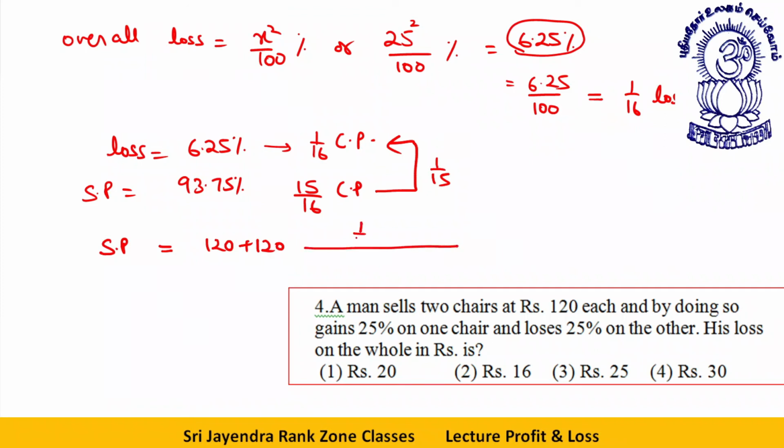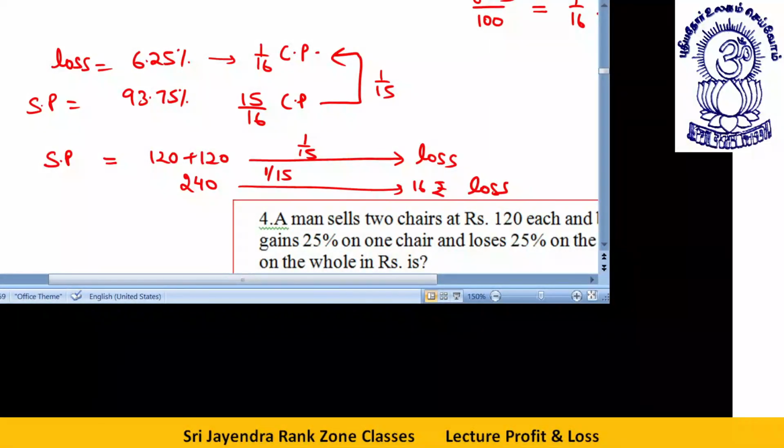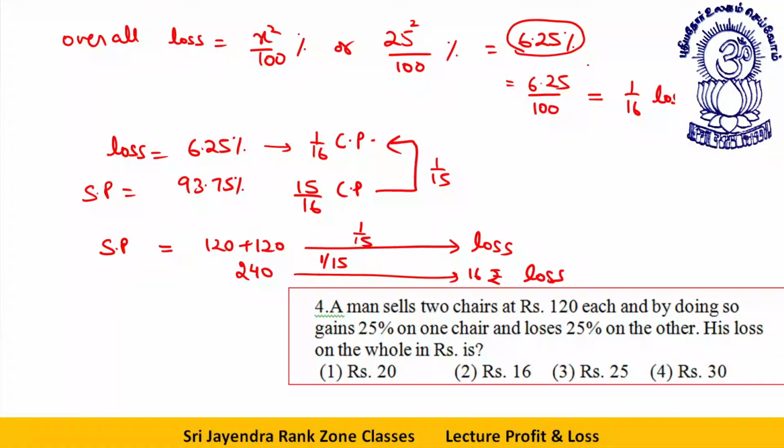Now if you do 1/15th of this, that is 1 by 15 of 240, you will get 16 rupees. This is your loss. Okay, dear students, you can have a look at it. Let me move to the next one.